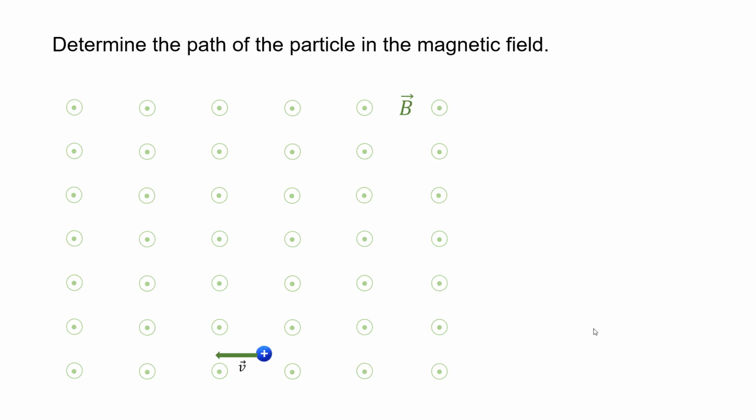Point your fingers towards the velocity, and then curl towards the direction of magnetic field. Magnetic field is out. When you curl your fingers towards the magnetic field, your thumb is pointing up, so the force would be up. So when the proton is moving this way, it will feel some force in the upward direction. It will be pushed up.